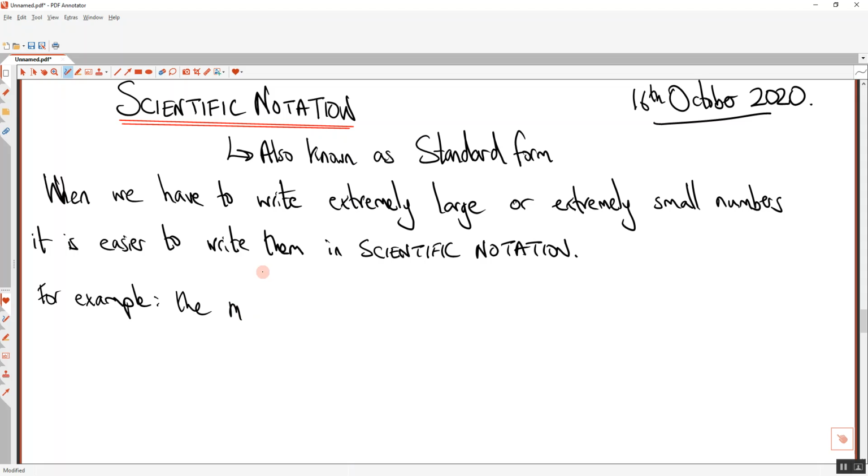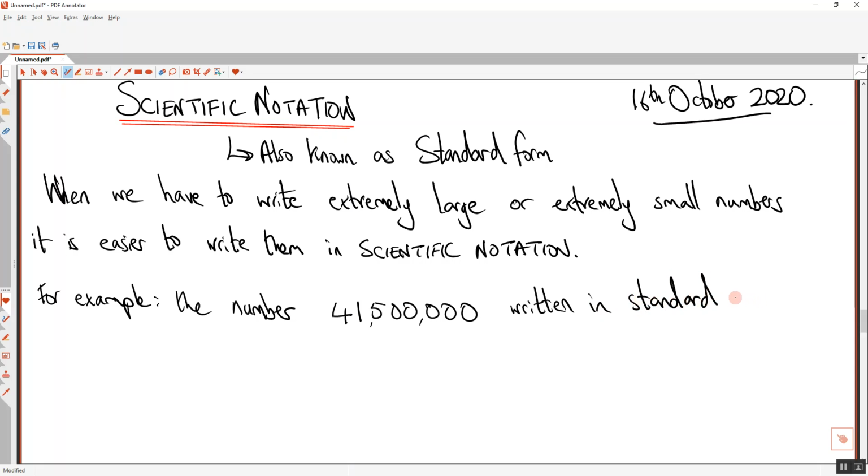So for example, let's have a look at one of the ones from yesterday: 4,150,000. I'm going to use standard form and scientific notation interchangeably, it's the same thing.